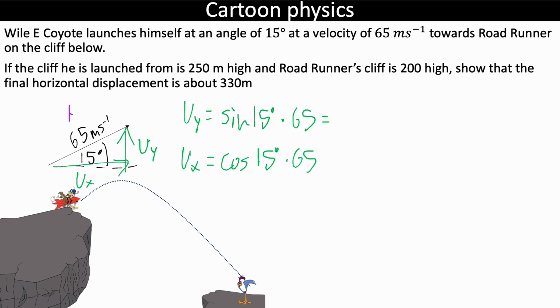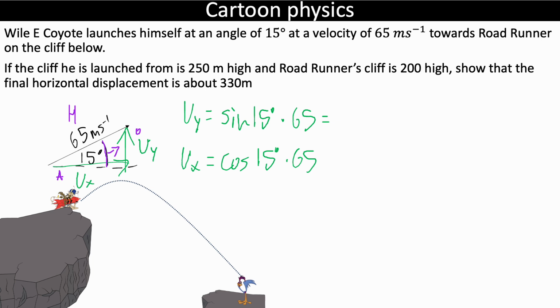That's because we've got the hypotenuse up above, that's 65. Opposite the angle we have uy, and the adjacent side would be ux. As per SOHCAHTOA, we're going to use opposite and hypotenuse and sine.